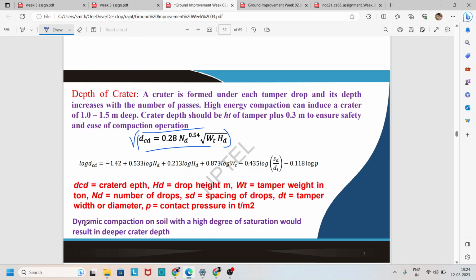Here it is said that dynamic compaction of soil with a high degree of saturation would result in deeper crater depth. That means if the number of drops is increased, that is, the applied energy increases, the depth of the crater also increases.